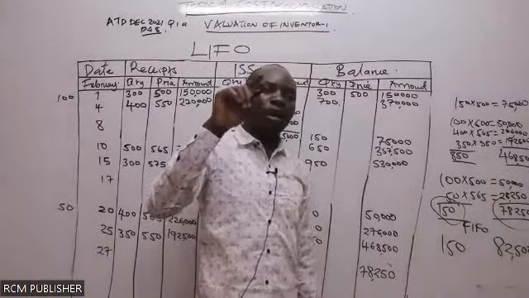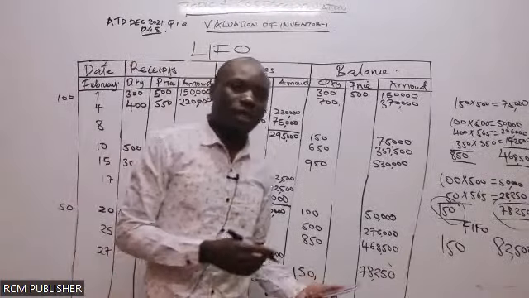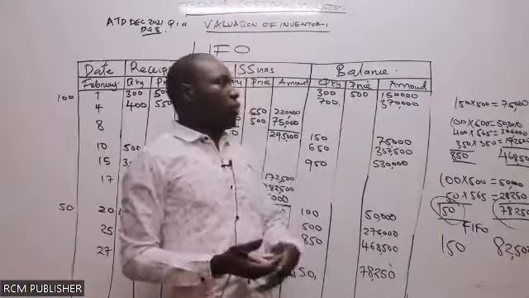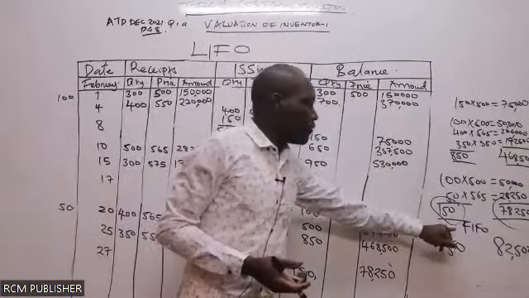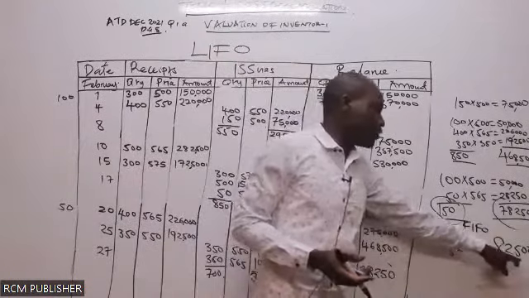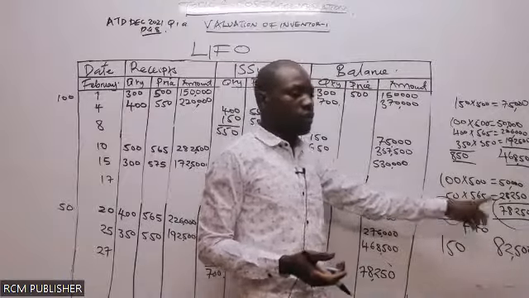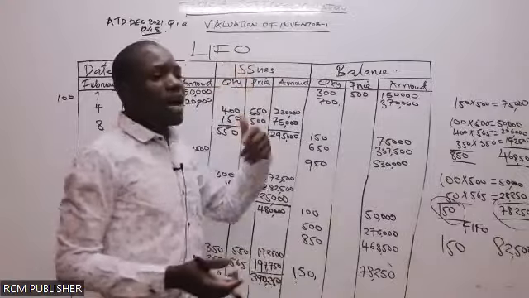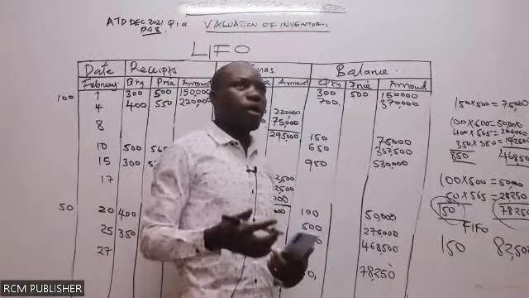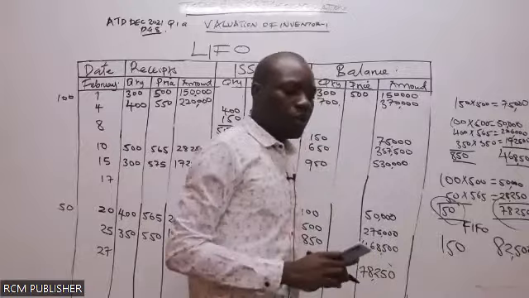And that's where now management accounting comes in. The management now has to sit down and decide. When we apply FIFO, the closing inventory value is 82,500, which is higher than the value of closing inventory when we use LIFO. So as a management, are we able to get the impact of using LIFO?